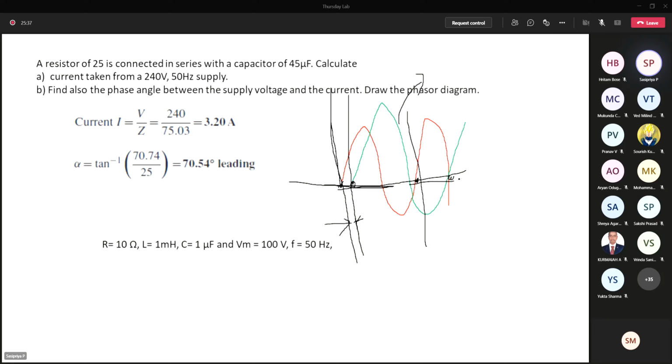My red color waveform starts from the origin, goes in the positive direction, crosses 0, goes to the negative direction, then again reaches 0 and goes to the positive direction. I'm taking when it is going in the positive direction from 0. Then in the same cycle, the green color waveform crosses 0 and goes to the positive side. This is my time difference. That's what I'm trying to do here.